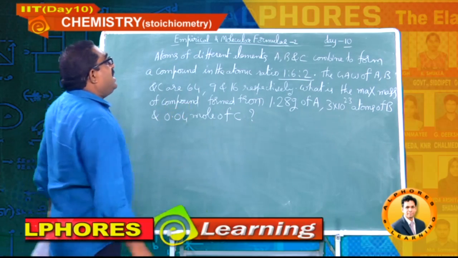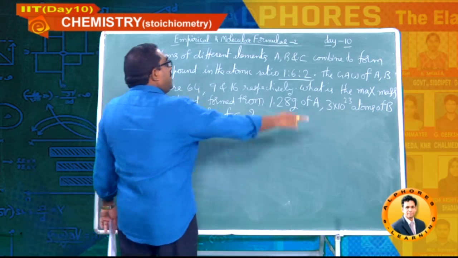If the gram atomic masses of A, B, and C are 64, 9, and 16 respectively, what is the maximum mass of compound formed from 1.28 grams of A, 3 into 10 power 23 atoms of B, and 0.04 moles of C? Okay, no problem. First let me write down: empirical formula is equal to AB6C2.